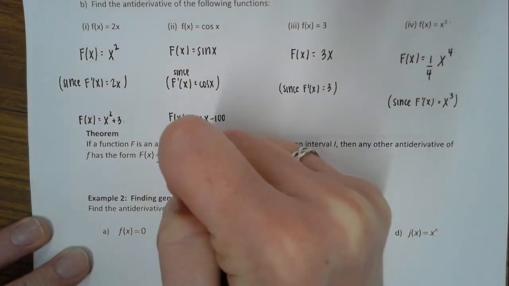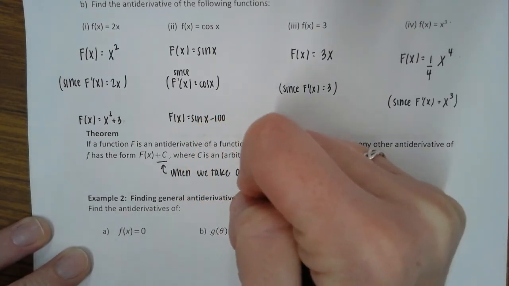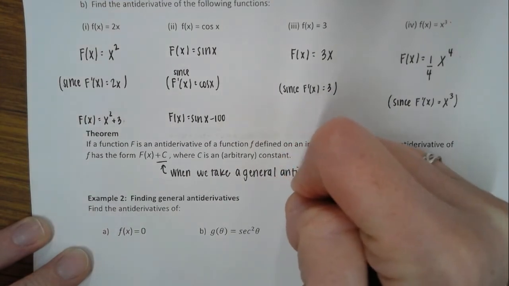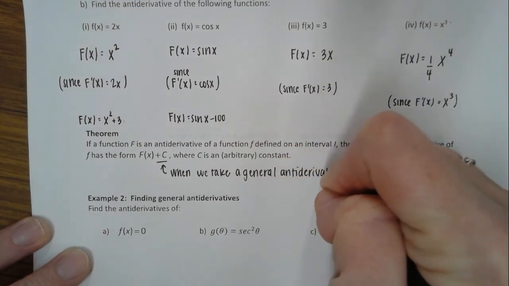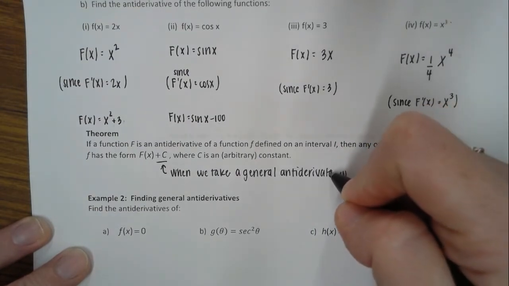So when we take a general antiderivative, because the general basically accounts for any sort of function that did have a constant at the end. Ooh, I can't spell antiderivative.